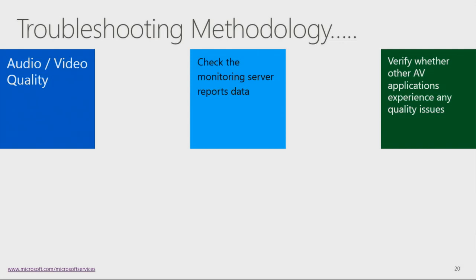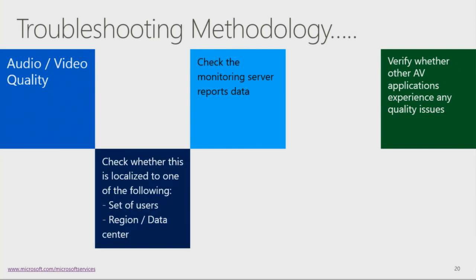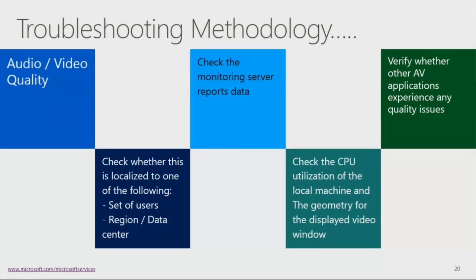And verify if other AV applications are also experiencing any quality issues. On the local machine, you can see if audio and video for other applications outside of Lync are seeing any quality issues. Then try to localize this to a set of users or region. That will help if you have multiple data centers and users across the world, because you can see whether the quality issue is isolated to a specific region.